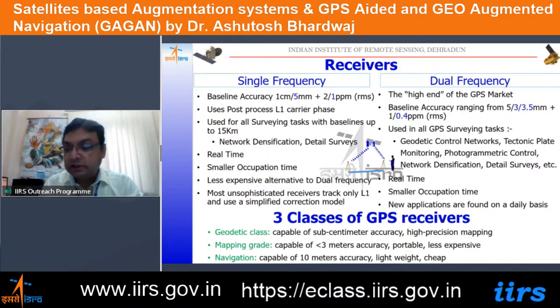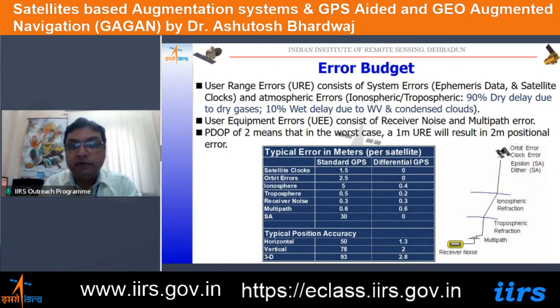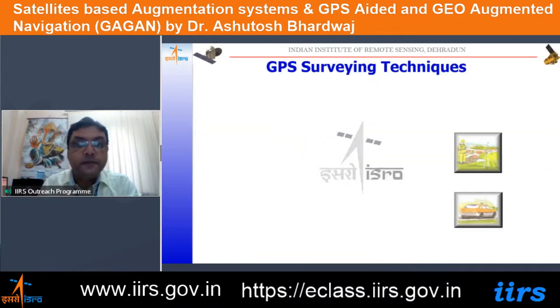Then we also discussed in yesterday's lecture what the different types of receivers are: single frequency receivers, dual frequency receivers, multi-frequency receivers, and what type of accuracies they are giving. Another way to classify the GPS receivers is geodetic, mapping and navigation receivers; that also we did yesterday. Different types of sources of errors we have seen yesterday, and this will again be covered in the last lecture on the processing in detail.